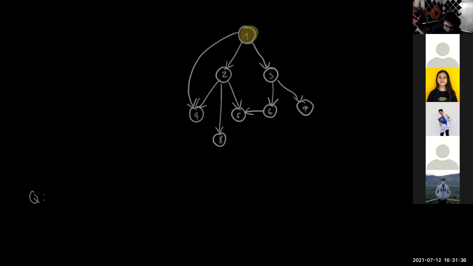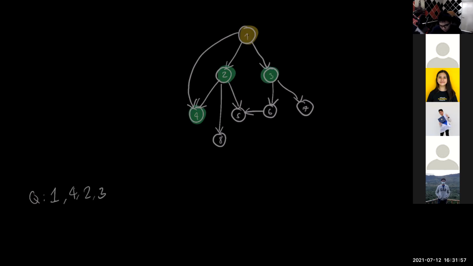We know that node 1 is in the queue, and we expand node 1. In the expansion step, we find 4, 2, and 3. So we now add these here. Sorry, 4, 2, and 3.